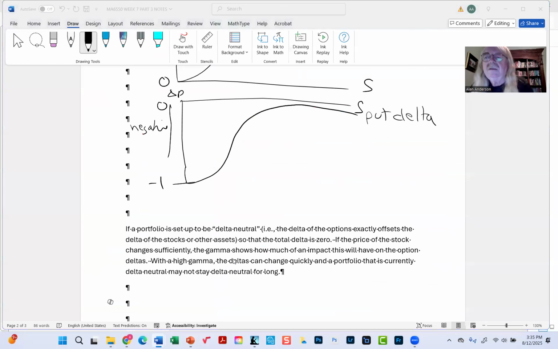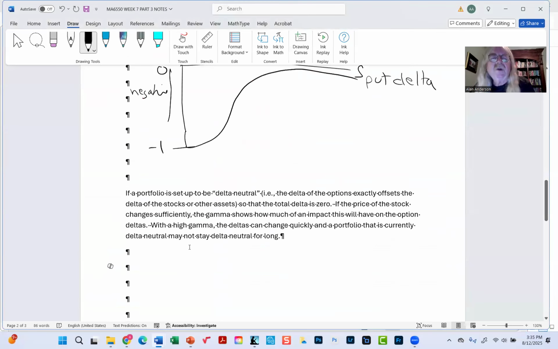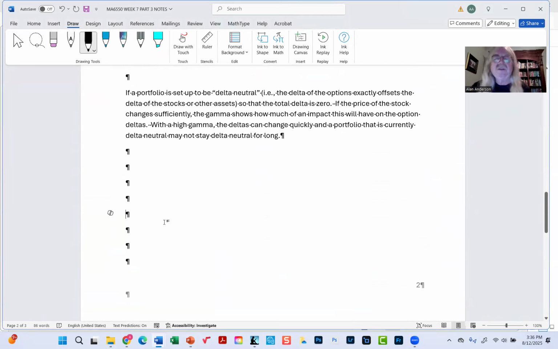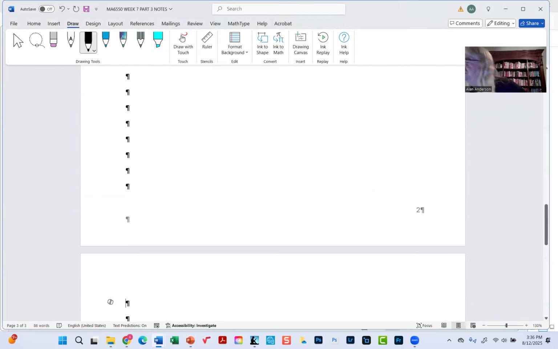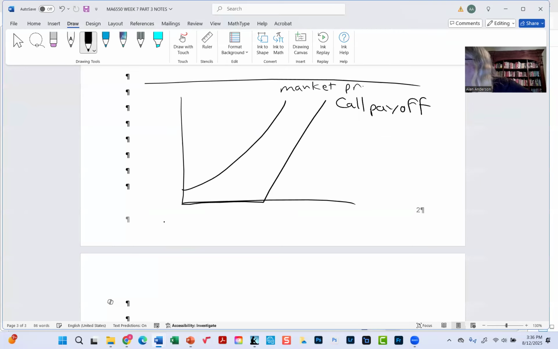Now, these three have their roles, but they're not quite as important. Now, one thing I do want to point out here, and we mentioned this earlier, is when we're looking at, let's say, a call, we know that at maturity, the market price curve is going to be to the left of the call payoff.